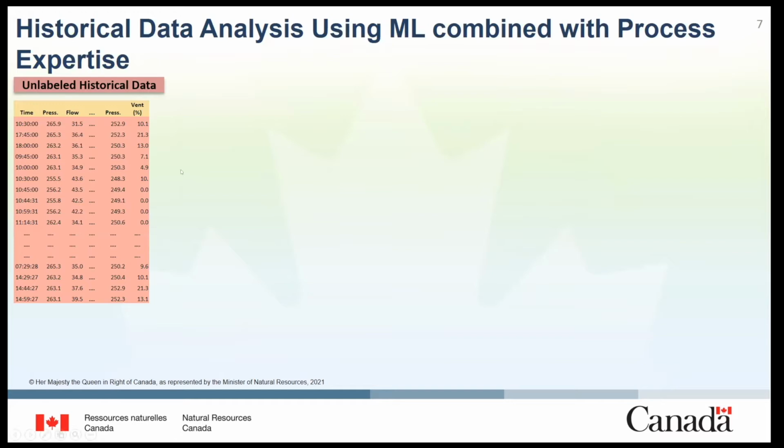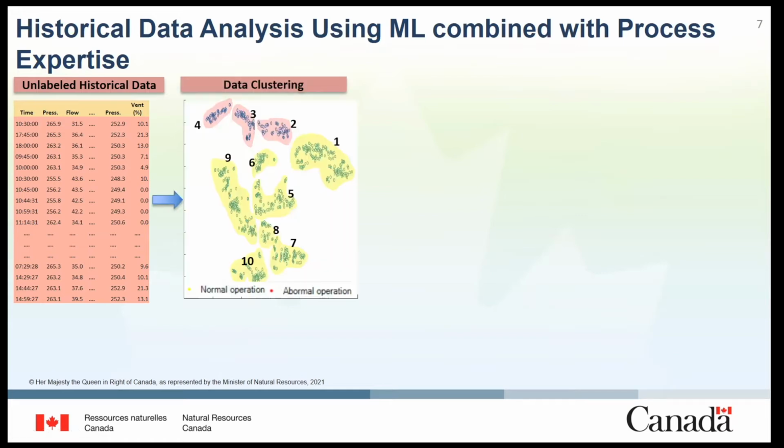What we did, we took the historical data for each subsystem. Here is shown a sample of reboiler data. Then we used clustering methods to cluster the data, and we identified the clusters representing abnormal operation, meaning that the vent valve is open.